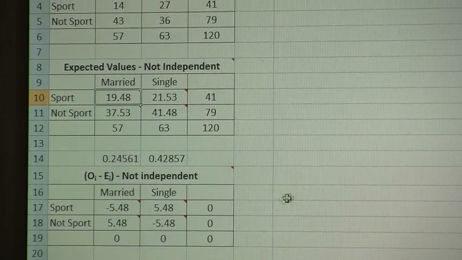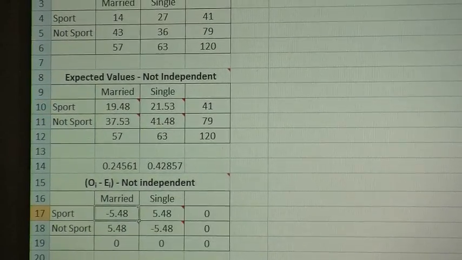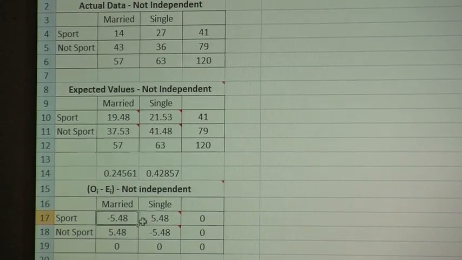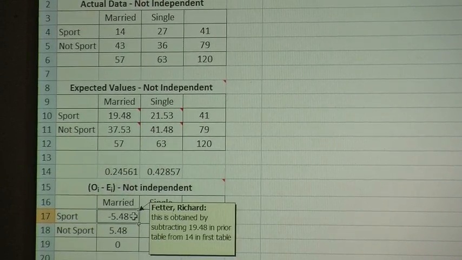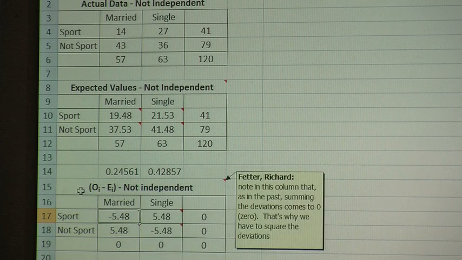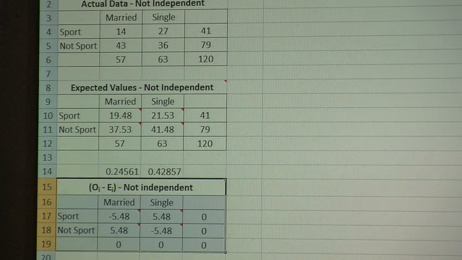So 14 minus 19.48 is minus 5.48. Okay, and if you look at the cursor here, it says this is obtained by subtracting 19.48 in the prior table from 14 in the first table. Okay, so doing this calculation for the tables here is not at all difficult.